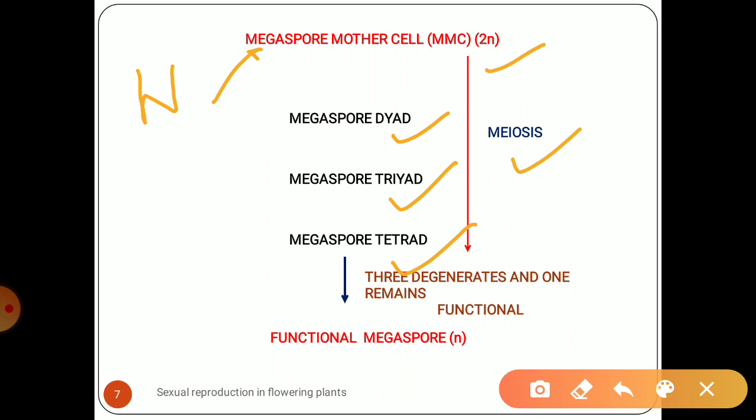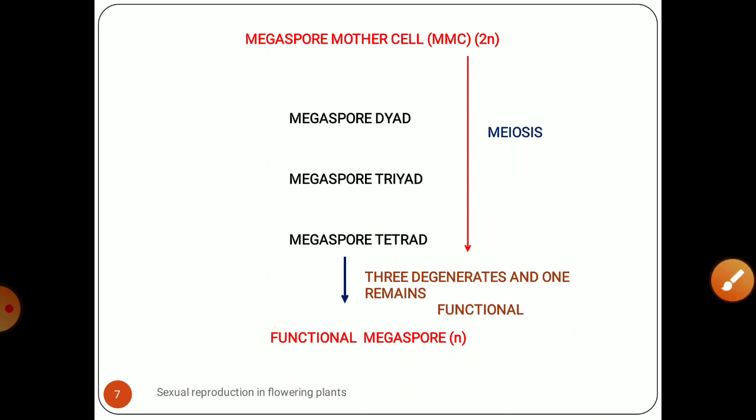With this, meiosis completes, and out of these 4, 3 degenerate, or become non-functional, and only 1 remains functional. The functional one is called the functional megaspore, and it is in the haploid condition, because this is the gamete now, formed after meiosis.